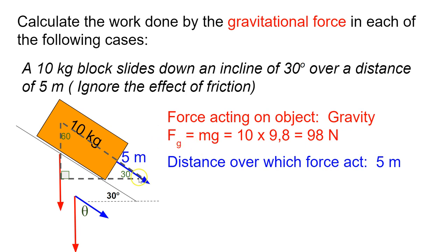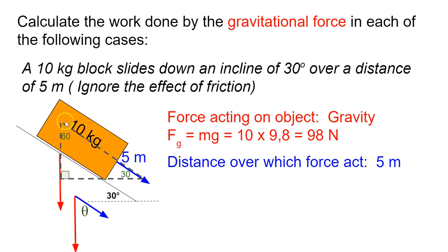Okay, what do we know? We know the angle between the incline and the horizontal is 30 degrees. We also know that the horizontal and the vertical here is 90 degrees on top of each other. So if we complete this triangle in which the hypotenuse side is just parallel to the incline, then you will see that this force going down, because it's going down vertically, is going to be parallel to the gravitational force.